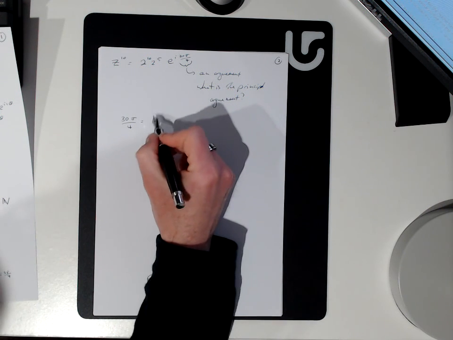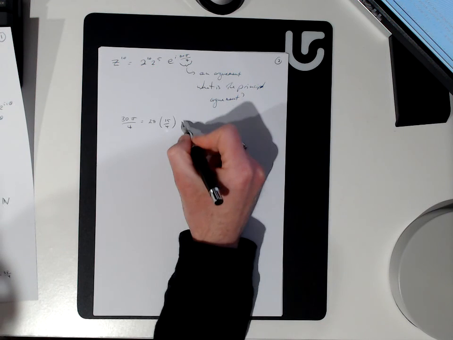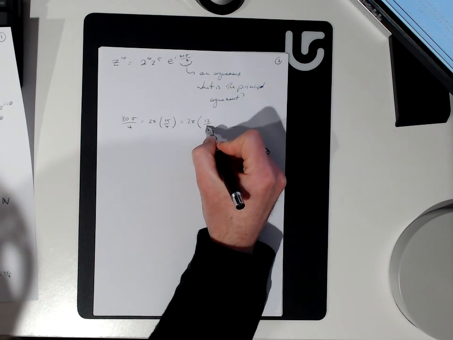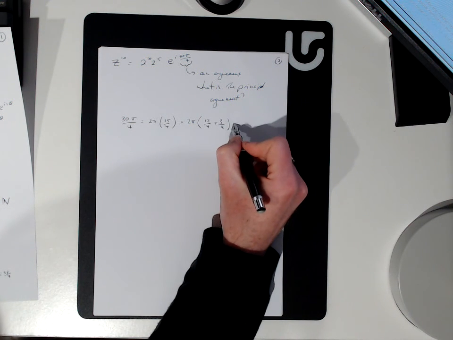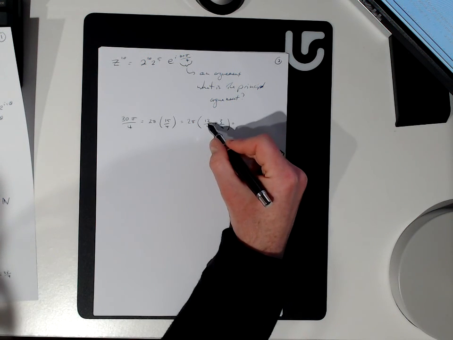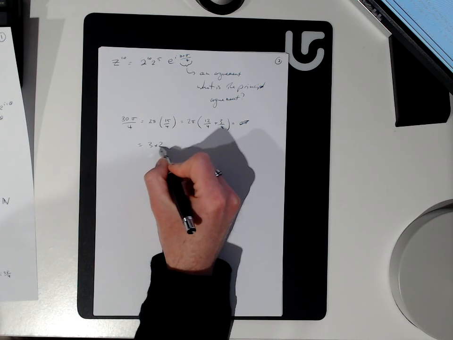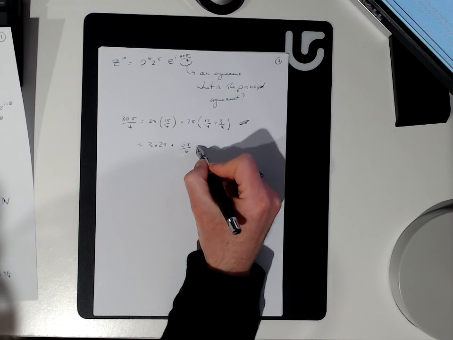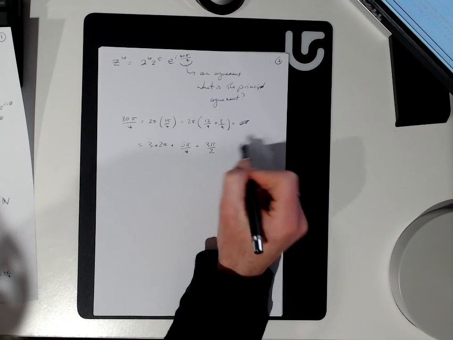is equal to 2 pi times 15 over 4, which is equal to 2 pi times 12 over 4, and I've picked that out because it's 3, plus 3 over 4. So that's 3, so that's 6 pi. Well, let me write it as 3 times 2 pi plus 6 pi over 4, which is equal to 3 pi over 2.